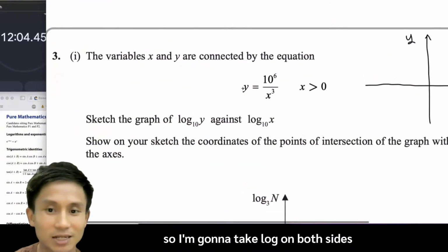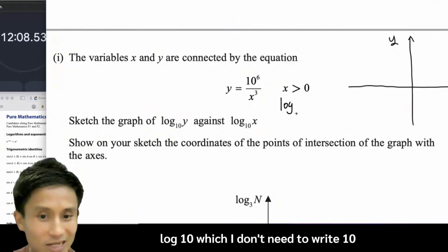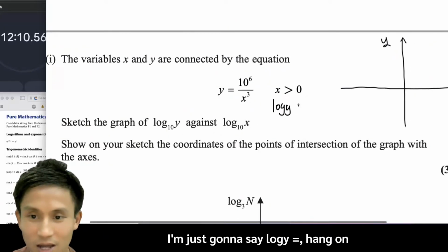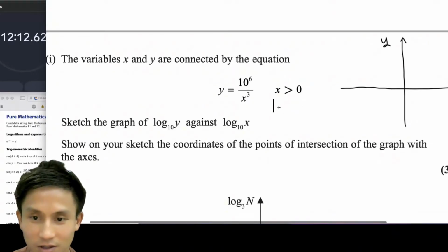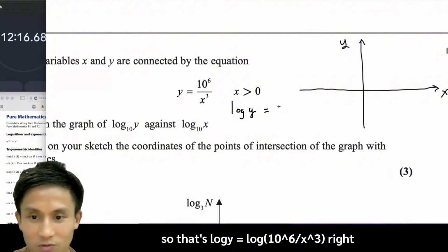Yeah, okay. So I'm going to take log on both sides. Log 10, which I don't need to write 10. I'm just going to say log y equals, hang on. Let me improve my handwriting a bit. So that's log y equals log of 10 to the 6 over x to the 3, right?